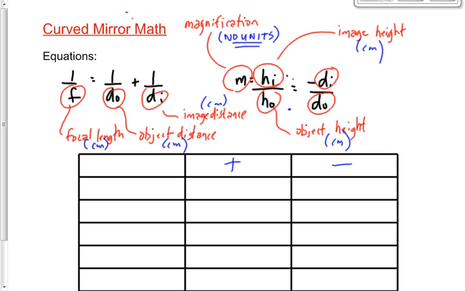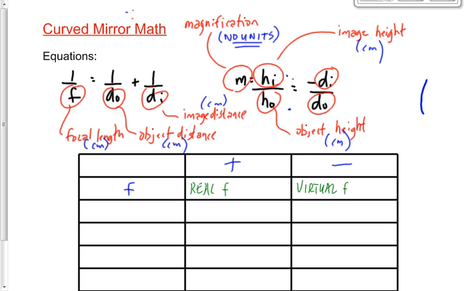The focal point will be positive if you have a real focal point. It will be negative if you have a virtual focal point. Well, when is it real? When is it virtual? We've got two kinds of mirrors.